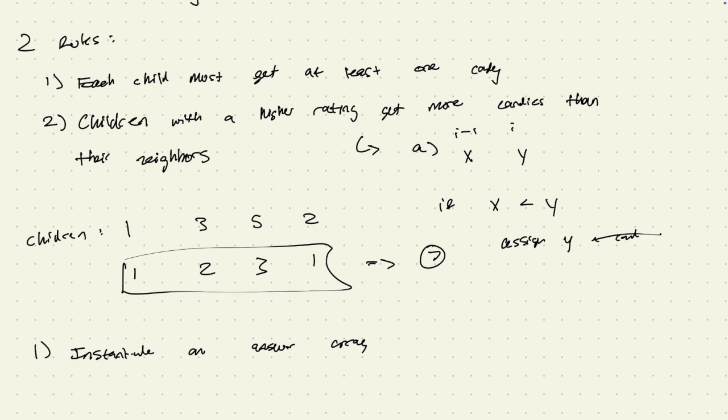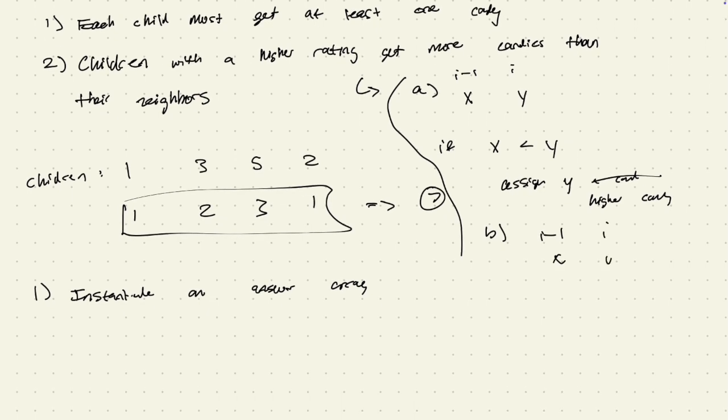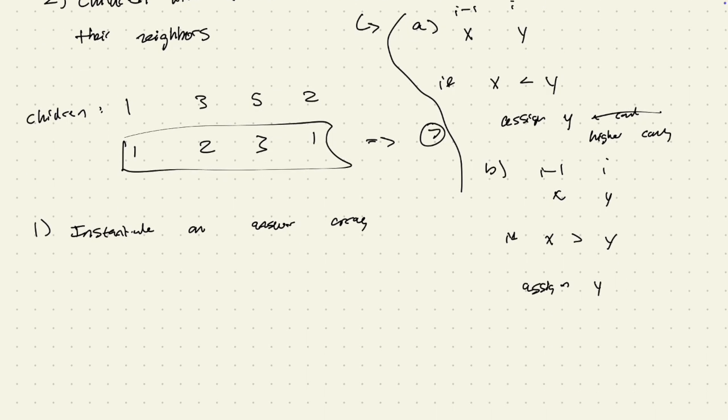And same thing for the other side. If we have I minus 1 and I, and this is x, y, then if x is greater than y, assign y a lower candy value.